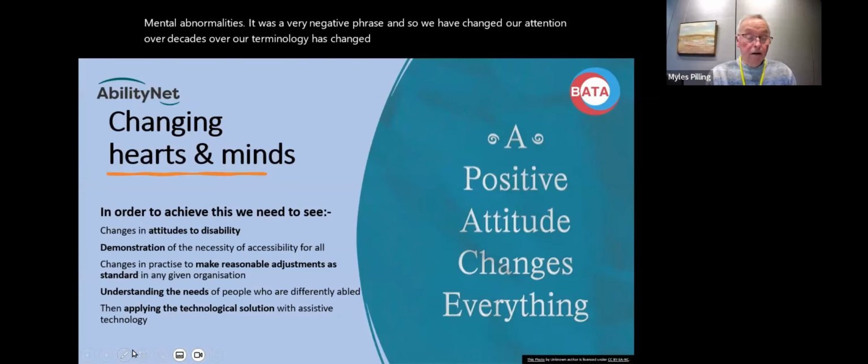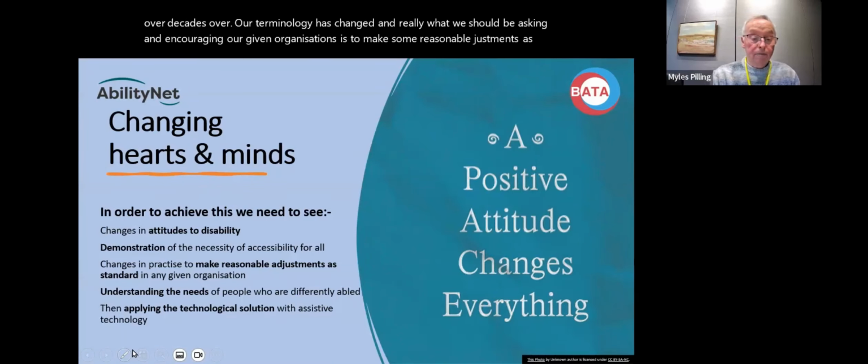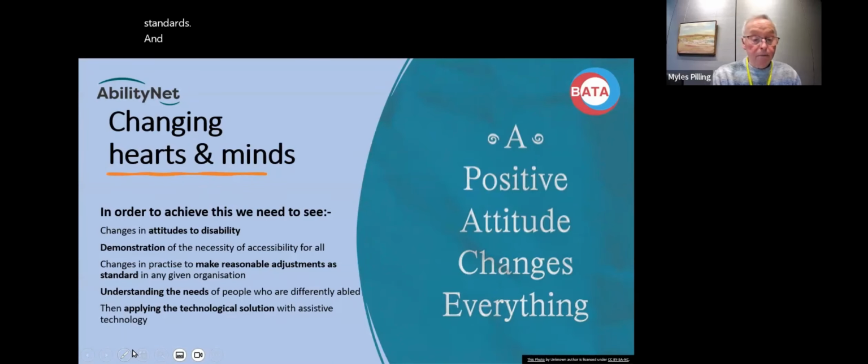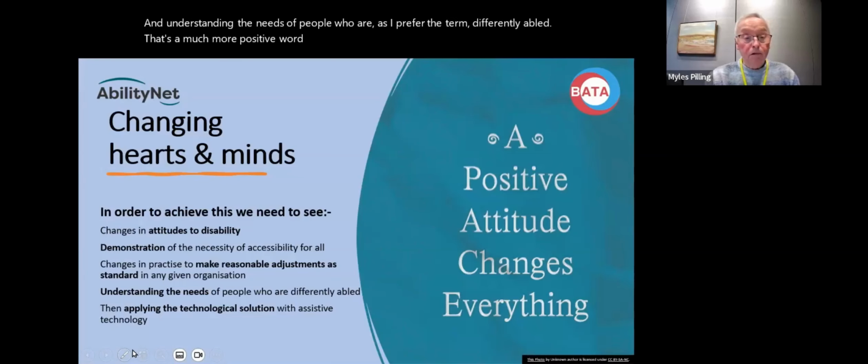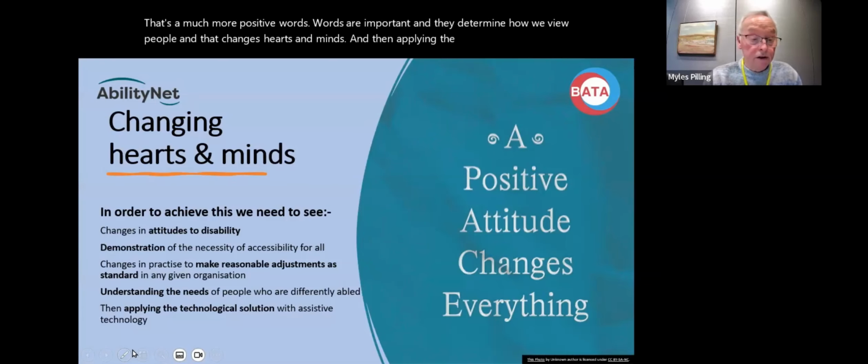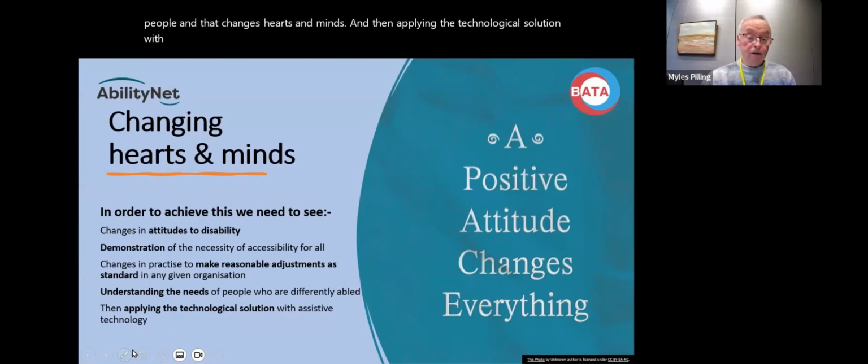And really, what we should be asking and encouraging our organizations to do is to make some reasonable adjustments as standard, and to understand the needs of people who are, as I prefer the term, differently abled. That's a much more positive word. Words are important, and they determine how we view people, and that changes hearts and minds. And then applying the technological solution with assistive technology.